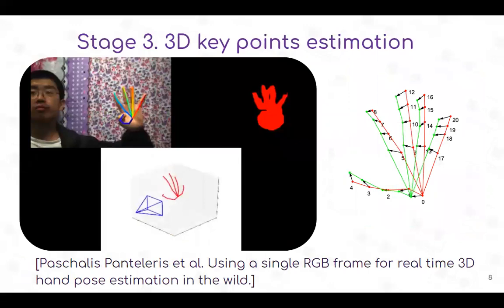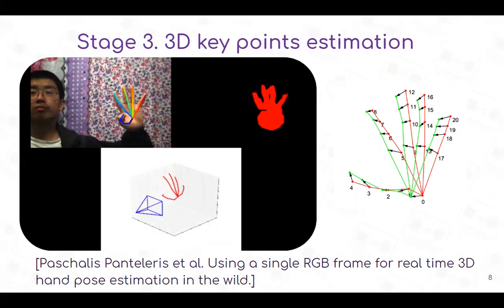Then, when we have localized the hand and detected 2D key points, there is the task of restoring the information which was lost due to projection on the image plane.